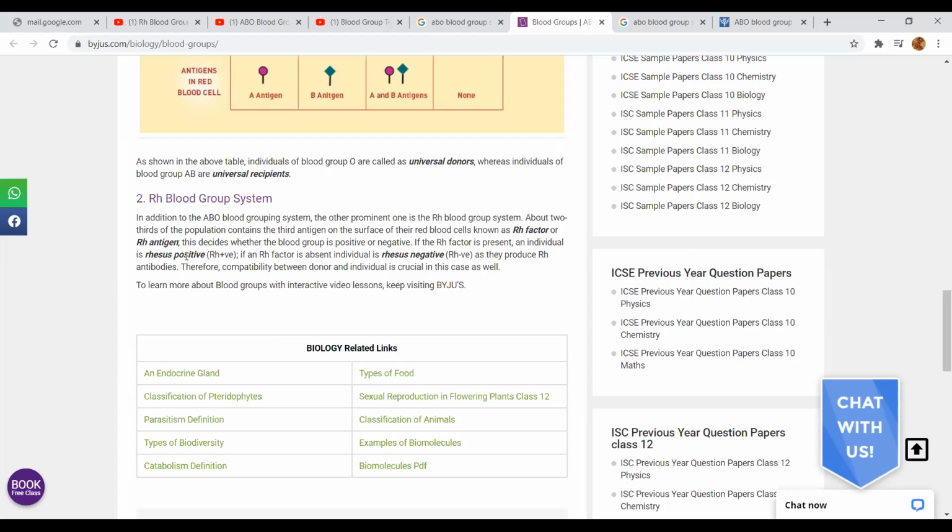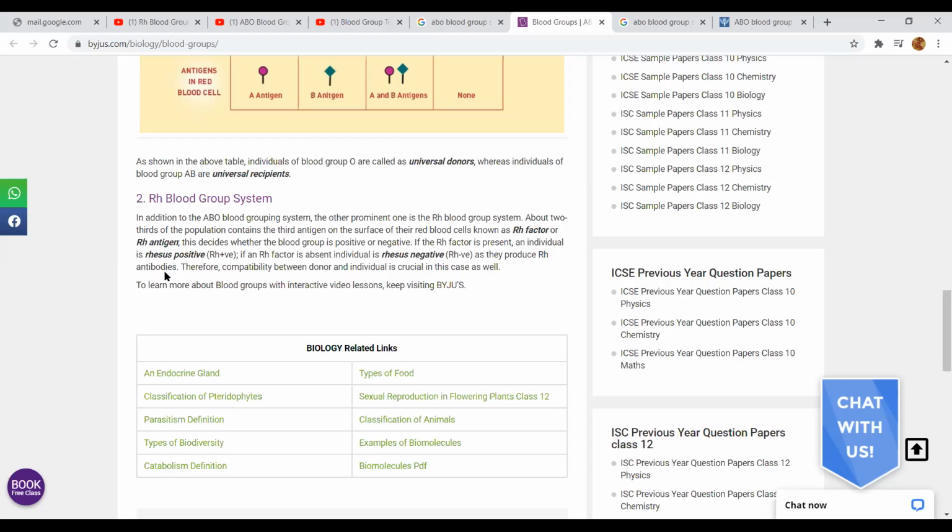About 2/3 of the population contains a third antigen on the surface of the red blood cells known as RH factor or RH antigen. This decides whether the blood group is positive or negative. If the RH factor is present in an individual, then that person is considered RH positive, rhesus positive.